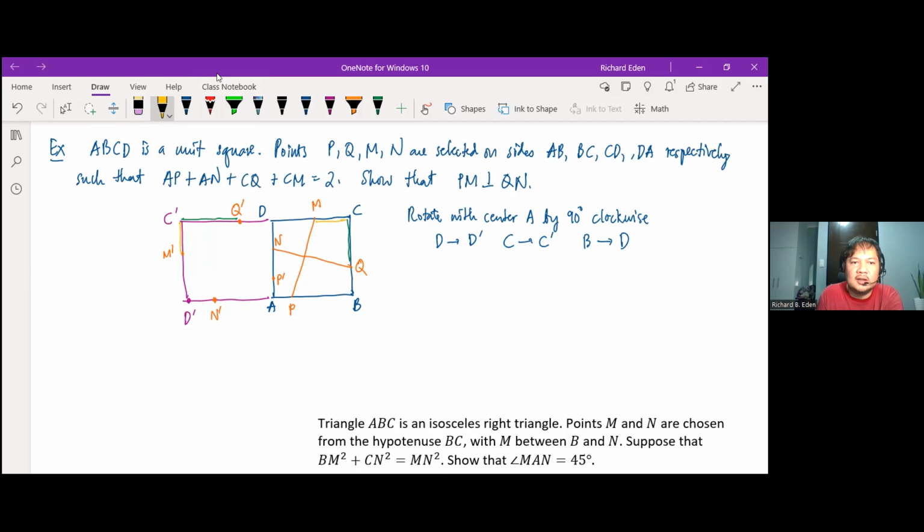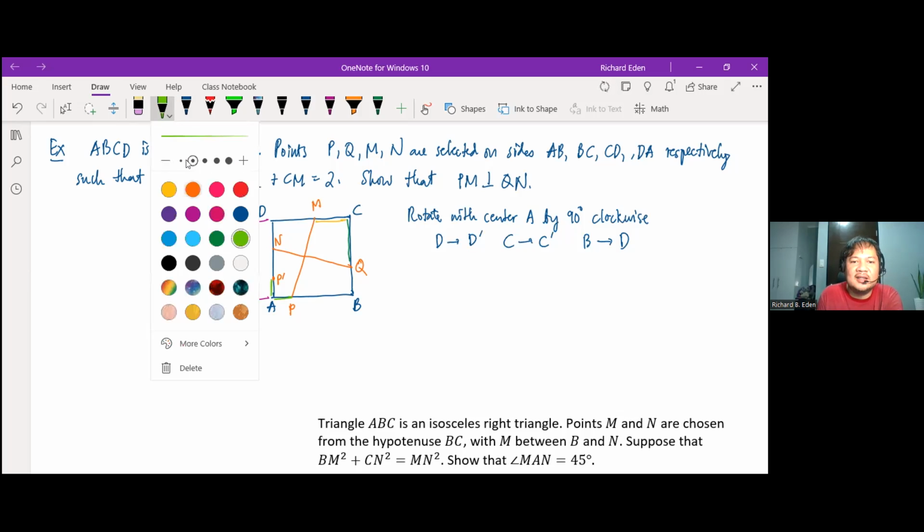And then I hope I don't run out of colors here. Okay. Use the space color. AP, and then AN.